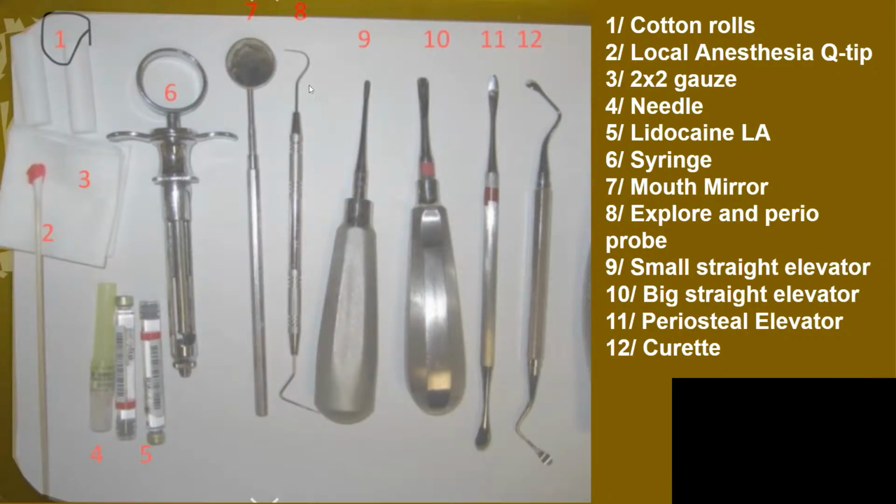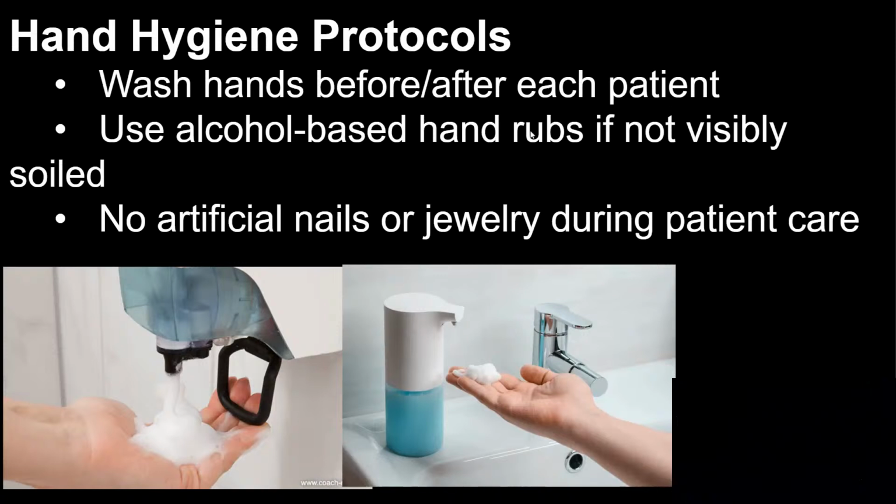Then the mouth mirror, number seven, number eight, explorer and perio probe. Number nine is a small elevator to remove the tooth, to luxate the tooth. Number 10 is a big elevator. Number 11 is a periosteal elevator. Number 12 is the curette.